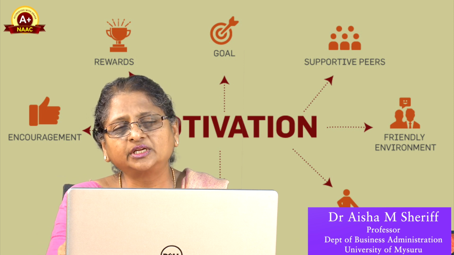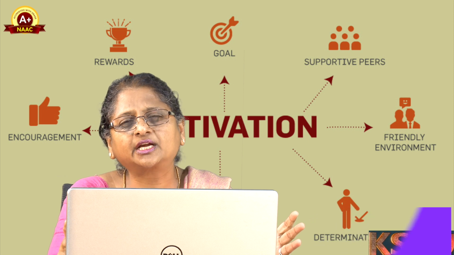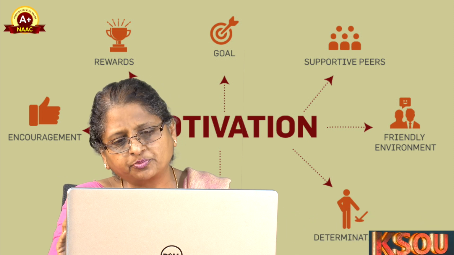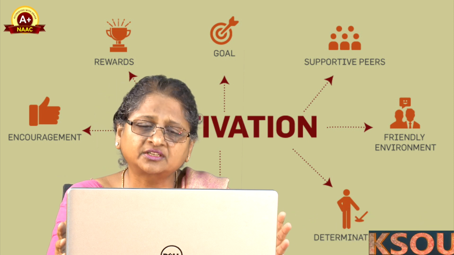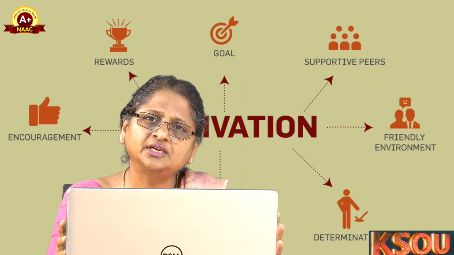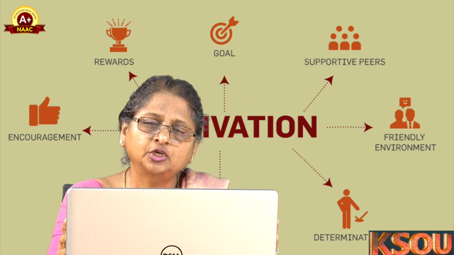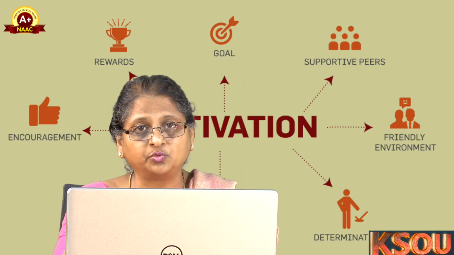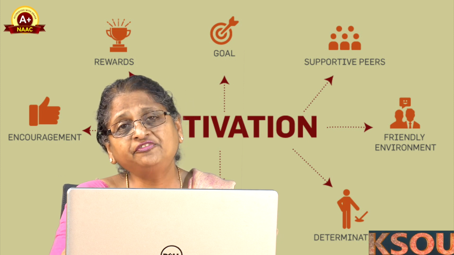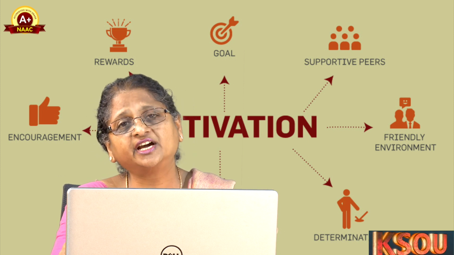So, in today's session, I will be covering the motivation process per se, describe Maslow's need hierarchy, contrast theory X and theory Y, and differentiate the motivators from the hygiene factors.